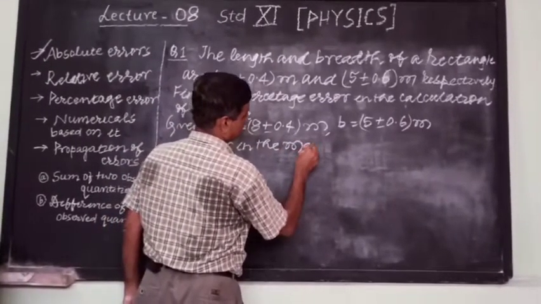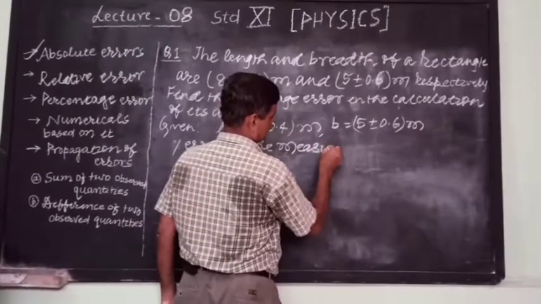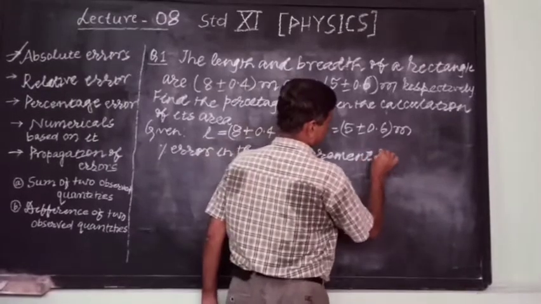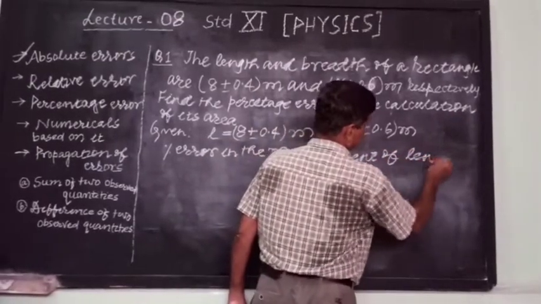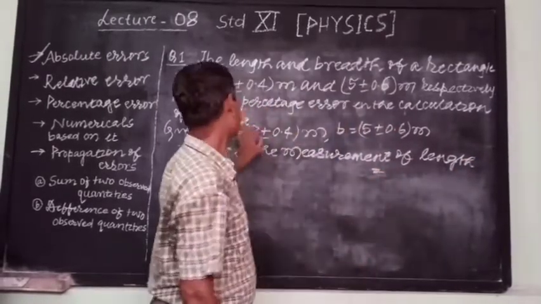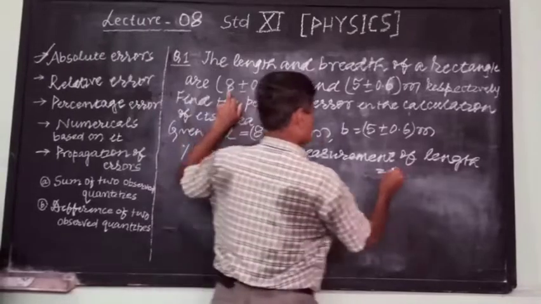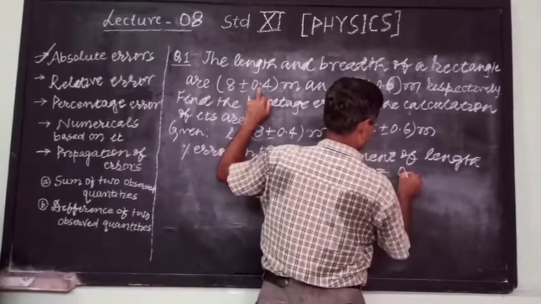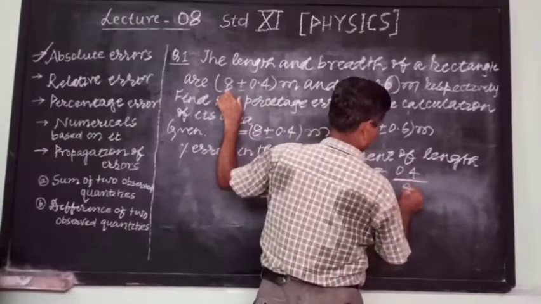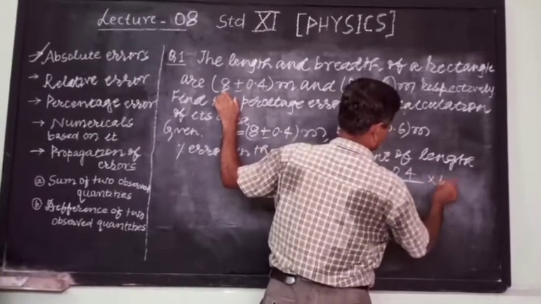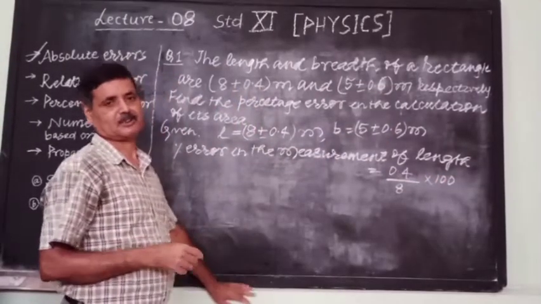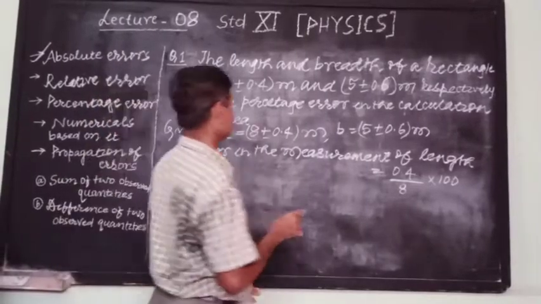This will be how much? This is your 0.4 by 8 multiplied by 100. Just as we have discussed about absolute errors previously, this by this.